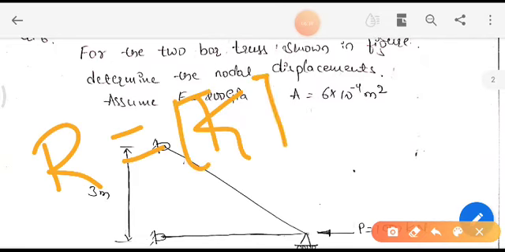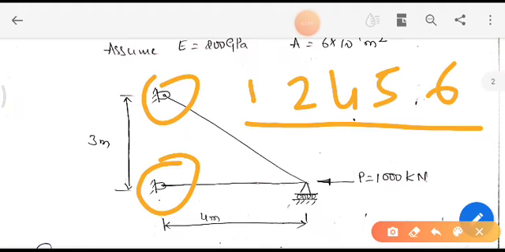Usually we calculate the reactions at the supports, so you will get reaction forces at 1, 2, 4, 5, 6. In node 3 you will get 0 reaction.